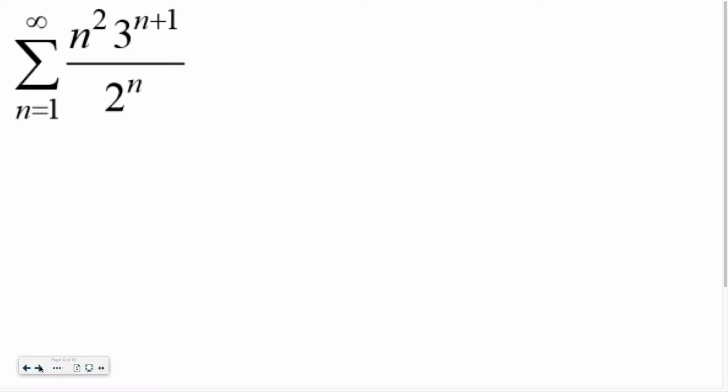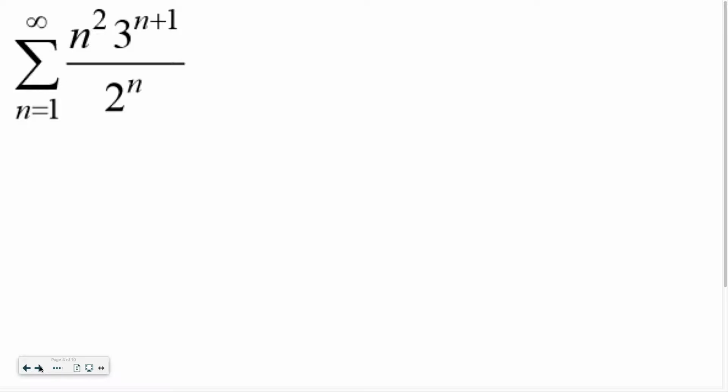Now, some of us may be tempted to say that this looks geometric. However, we have that n squared thrown in there. So while it has that geometric piece, it has the n squared, which no longer makes it geometric. Geometric can only be a number to the n power, or n plus 1.